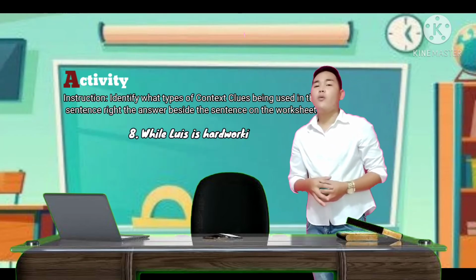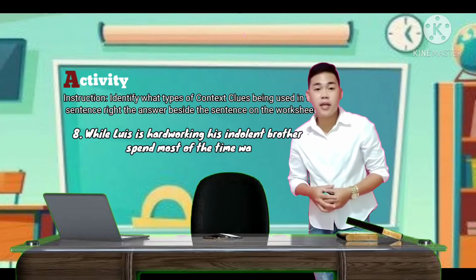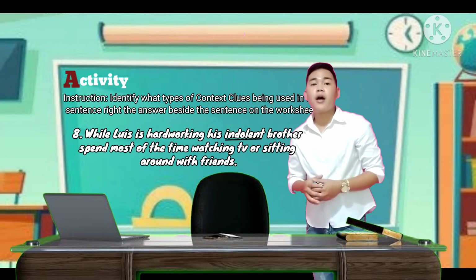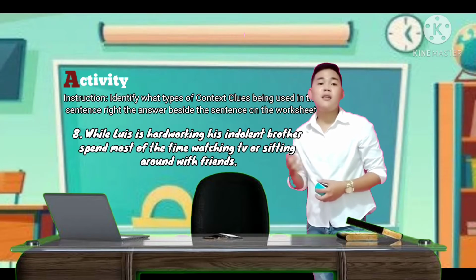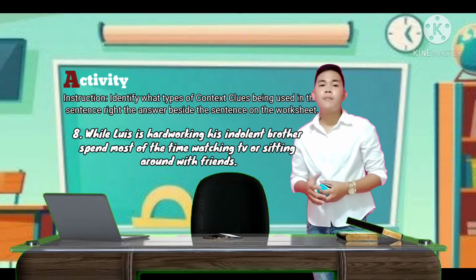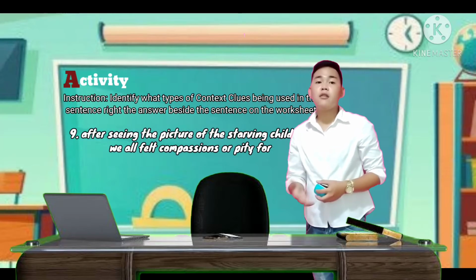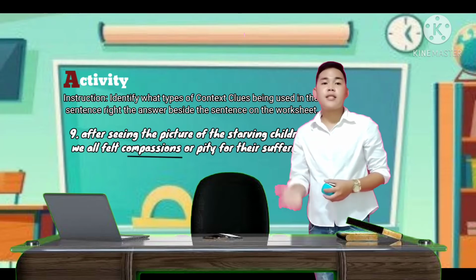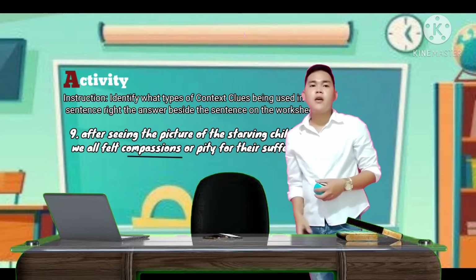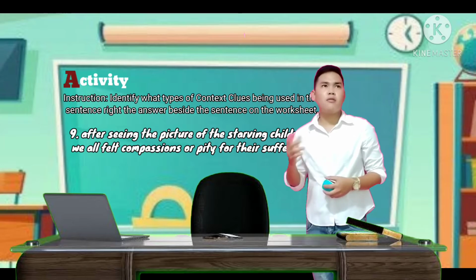So number 8, while his sister is hardworking, he's indolent. Brother spends most of the time watching TV or sitting around with friends. Number 9, after seeing the picture of the starving children, we all feel compassion or pity. They're suffering. What do you think the compassion is? The underlined word is compassion. So what do you think?